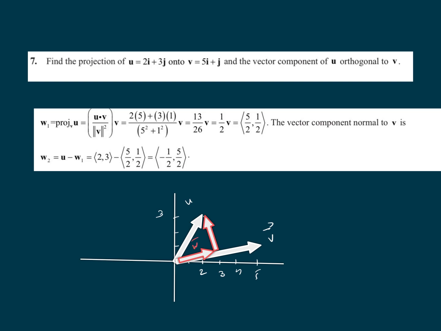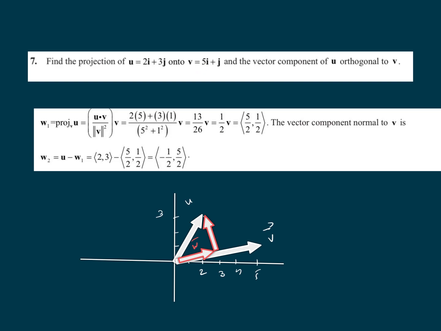The vector W is obtained by using our equation, U dot V divided by the magnitude of V squared. 2 by 5 plus 3 by 1 is the dot product of U and V, divided by the magnitude of V squared. So it's 1/2 of V. So the vector projection is half of the vector V. So who is V?